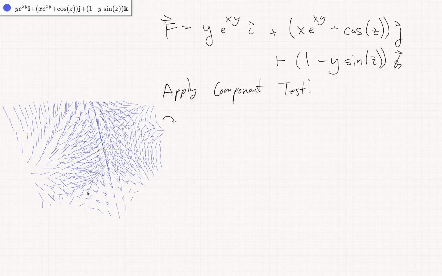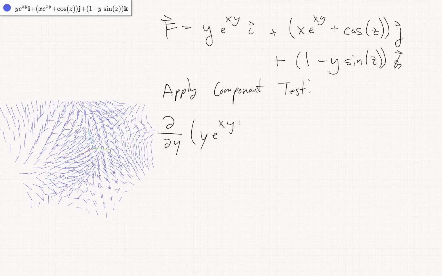So we need to take del by del y of y e to the xy, which is e to the xy, using the product rule, plus x y e to the xy.